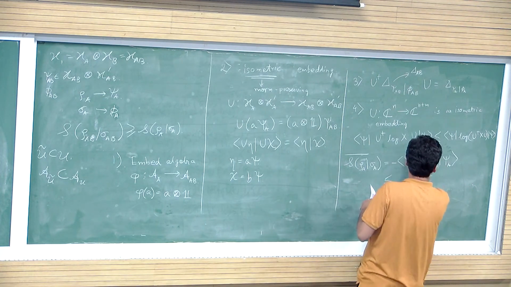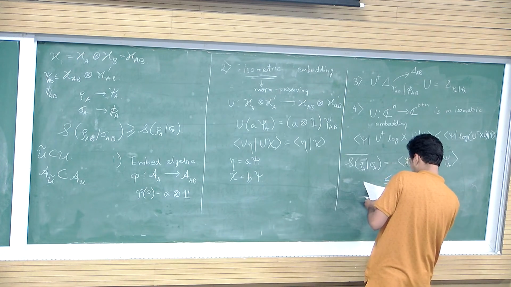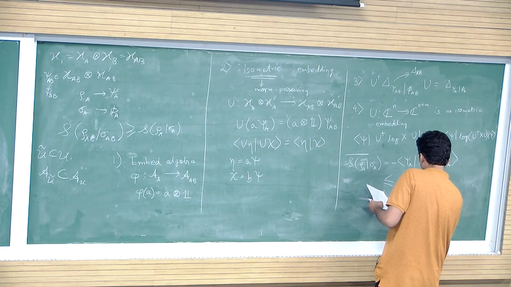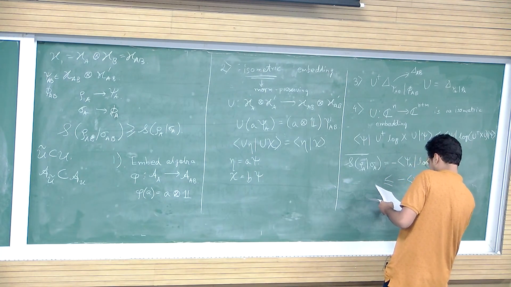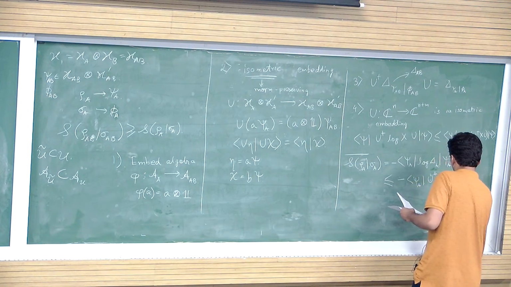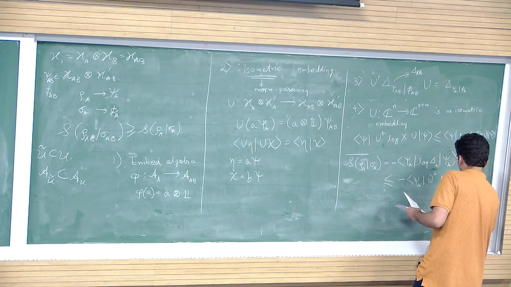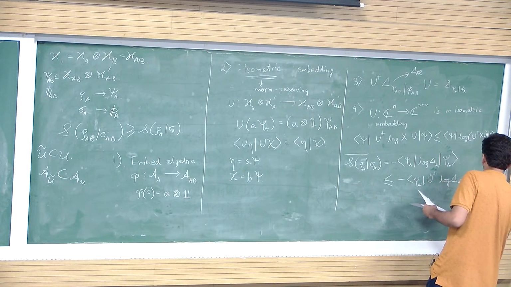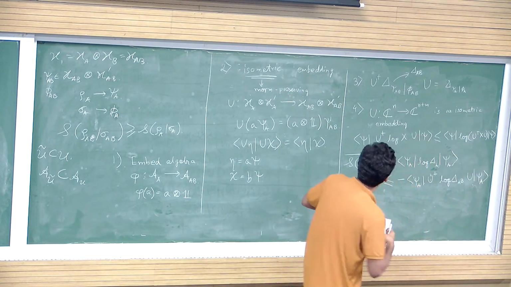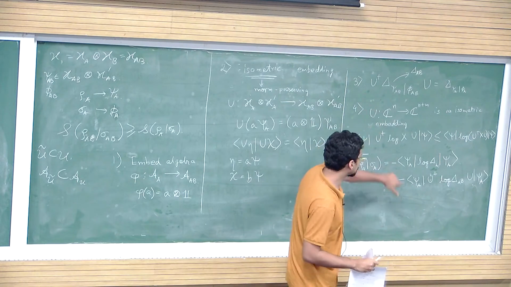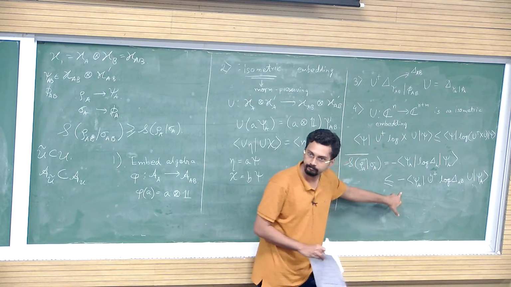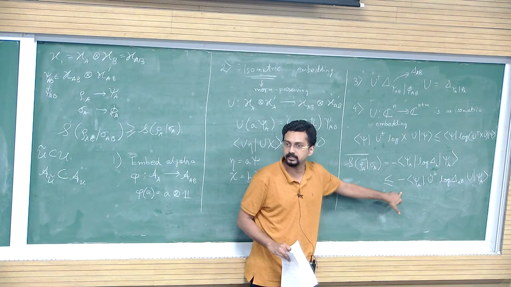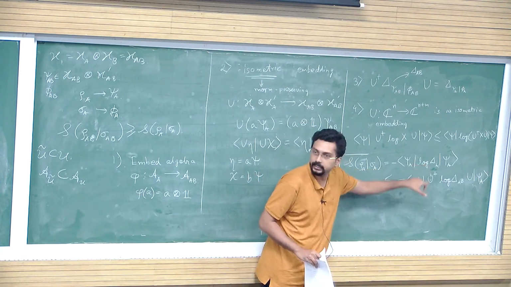So I have to use this. This will be less than minus delta AB u psi A. So essentially I am using this and this. I reach this equation. Okay. X is basically my delta A.